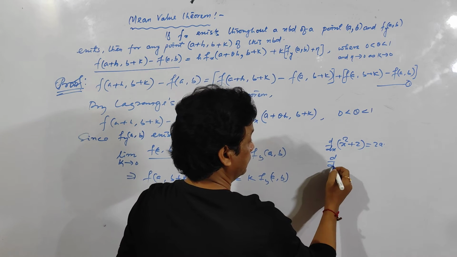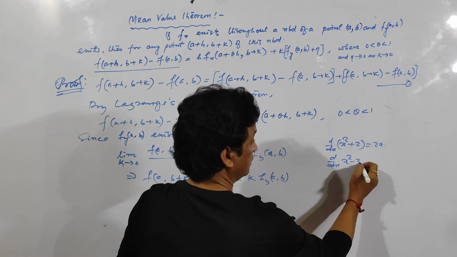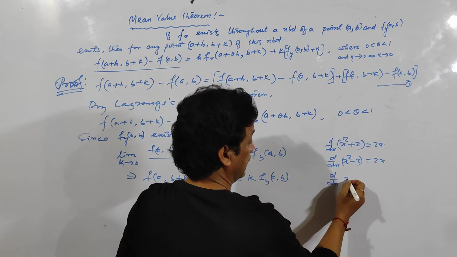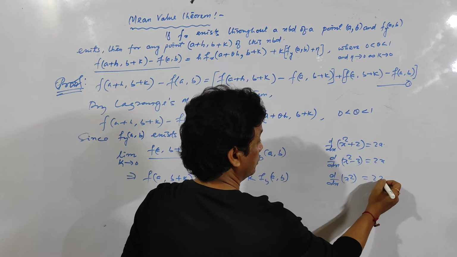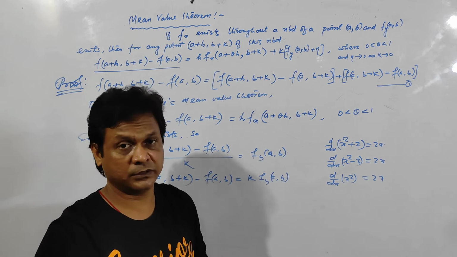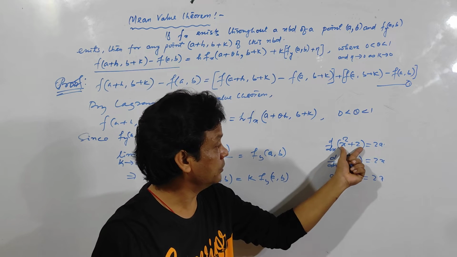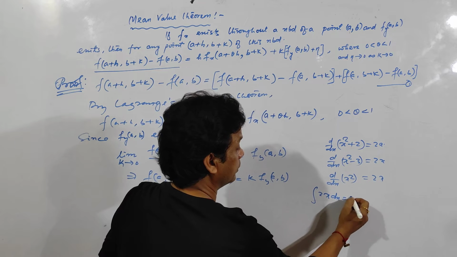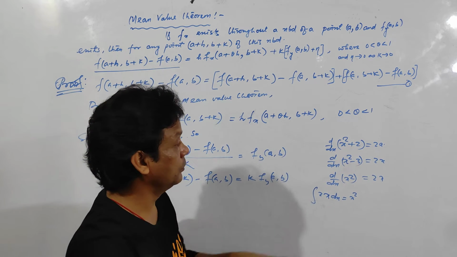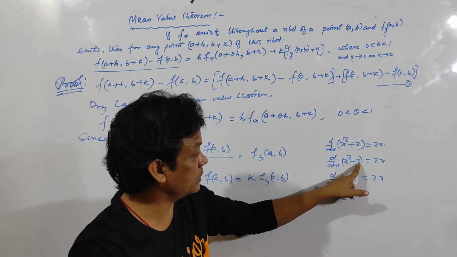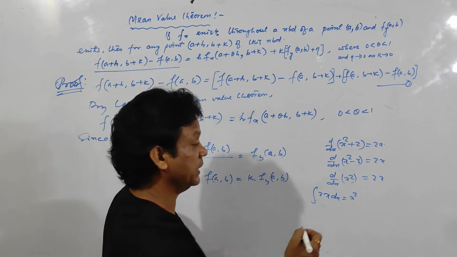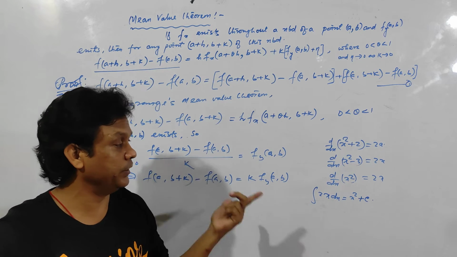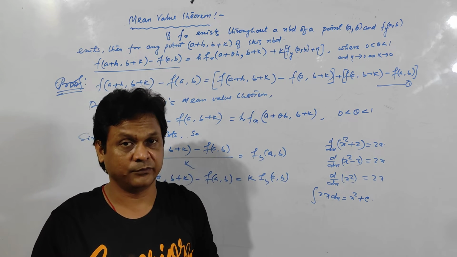Then the derivative of x square minus 3 is also 2x. Similarly, the derivative of x square is also 2x. So if you integrate 2x, you will simply get x square. So here the constant is 2, here the constant is minus 3, here the constant is 0. So that's why you write x square plus c. C may be 0, may be positive, may be negative, may be rational, may be irrational.